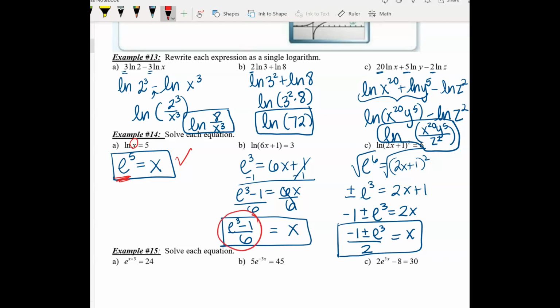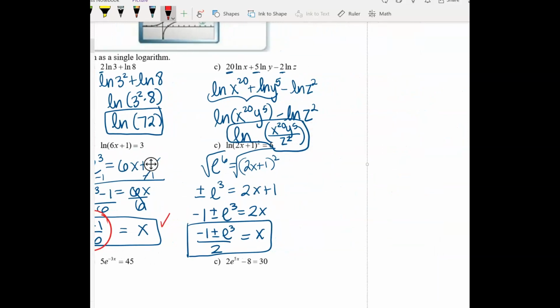Here, this fraction, e to the 3rd minus 1 over 6, it would get multiplied by 6. So I'll just write this out here. If I multiply it by 6, the 6's will cancel, and then it has 1 being added to it. Then the 1's will add to 0. So I will have e to the 3rd inside of my logarithm. And e to the 3rd is not negative, and it's not 0, so that works just fine.